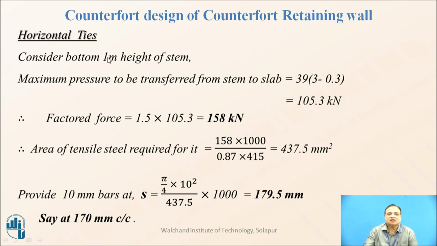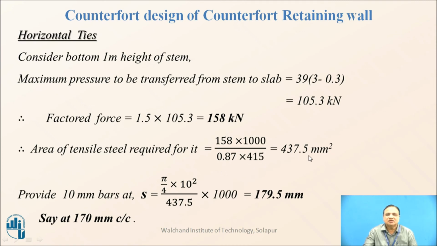Now the horizontal ties, considering the bottom 1 meter height of the stem, maximum pressure to be transferred from the stem to the beam, that is the total pressure, minus, the spacing 3 minus 0.3, it is 105.3. So the factored force is 1.5 into that particular pressure, it is 158 kilonewton. Area of tensile steel required is this particular force divided by 0.87 Fy.